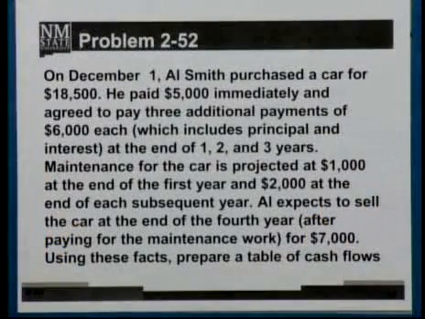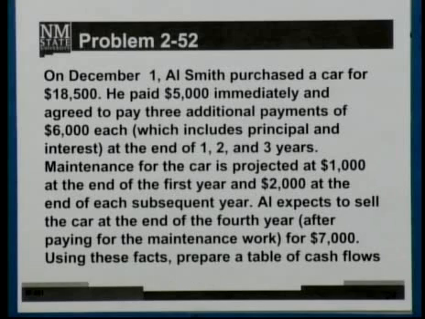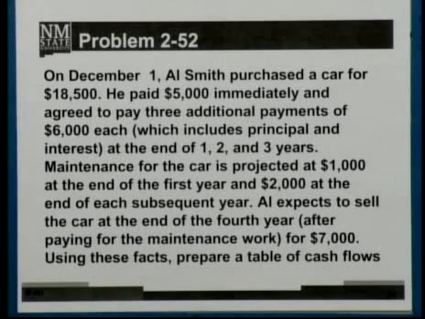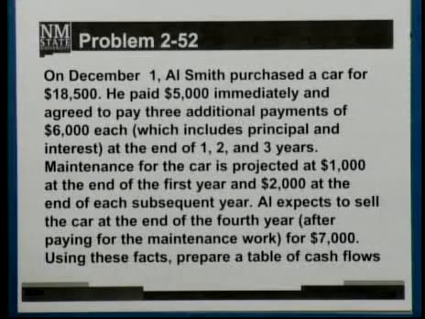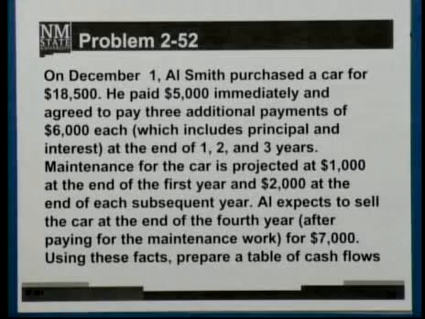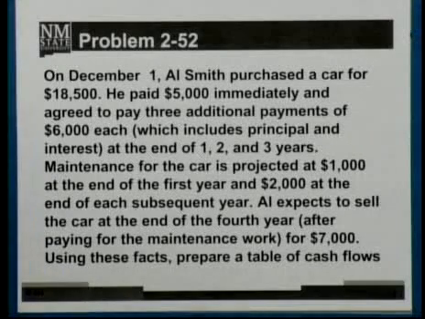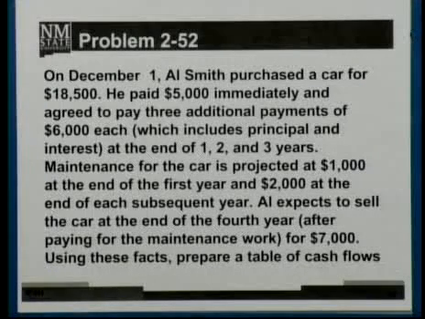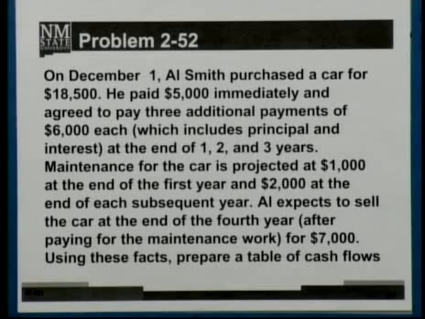Okay, the first problem is problem 2-52 from our text. On December the 1st, R. Smith purchased a car for $18,500, and he paid $5,000 immediately and agreed to pay 3 additional payments of $6,000 each, which includes principal and interest at the end of 1, 2, and 3 years.